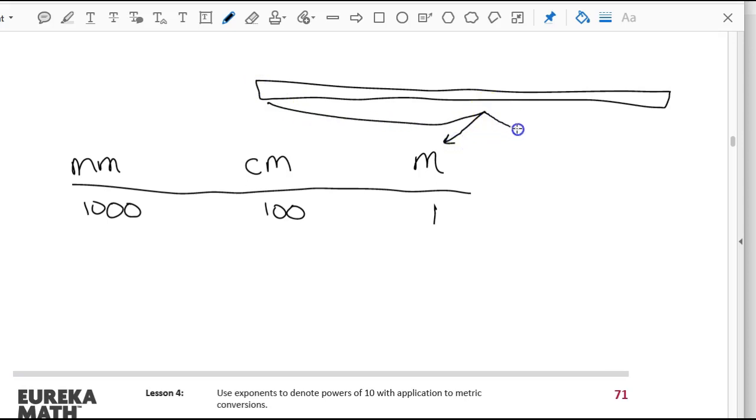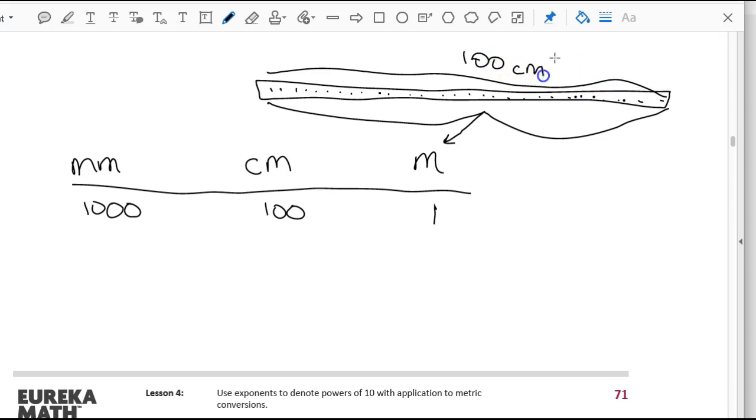Let me get an arrow over to this. There's 1 meter here. And if we think about all the dots that are inside of this, it's also equal to that same distance, 100 centimeters, which is also equal to 1,000 millimeters. So those are really small when you think about it.